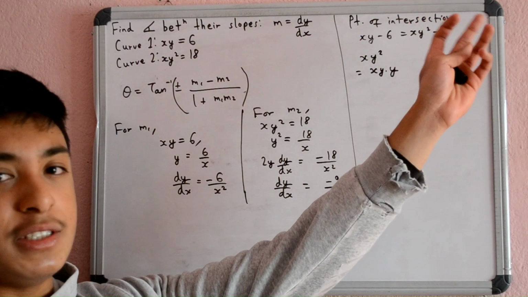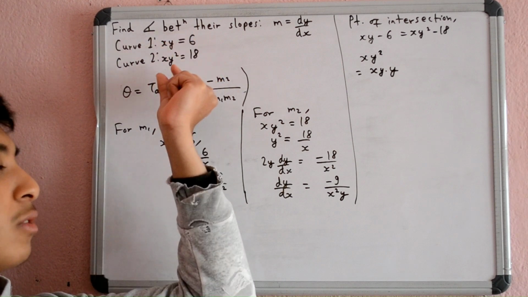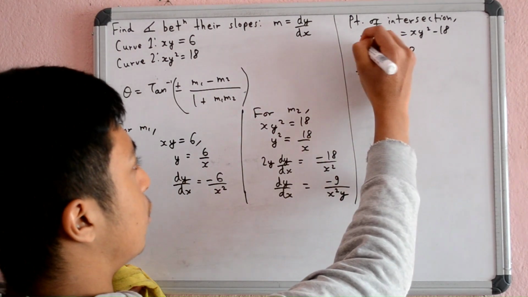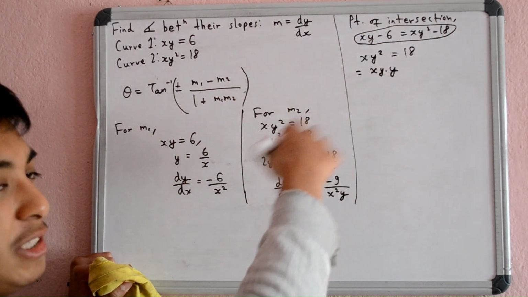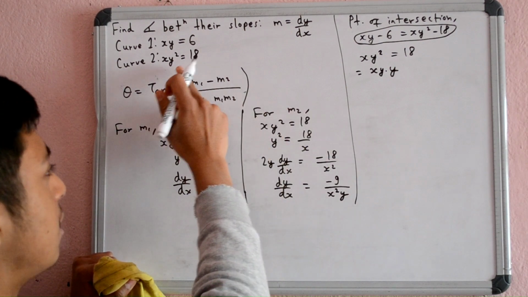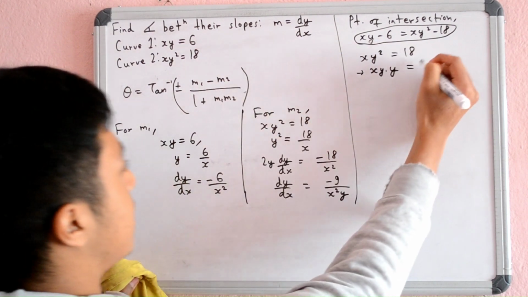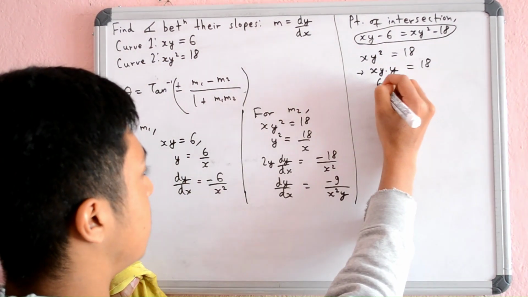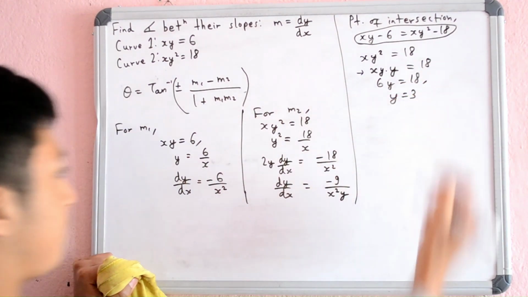During the point of intersection, we can put the value of xy in this curve, so this is equal to 18. You can try to solve this on your own. I won't do it. I will do the easier and more interesting way. We know xy is equal to 6, so 6y equals 18. Simply y equals 3.